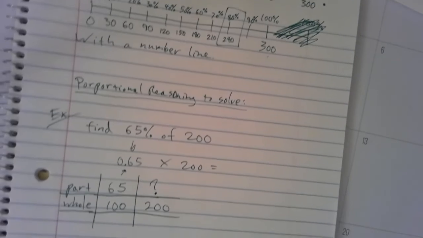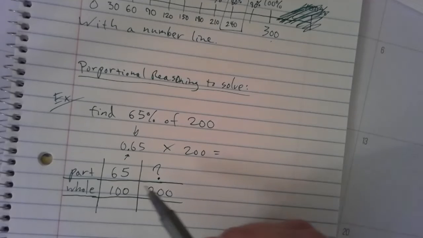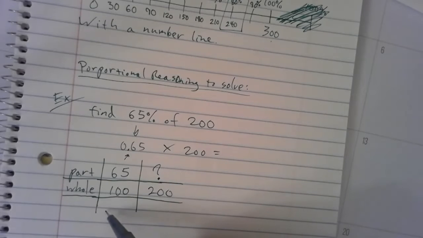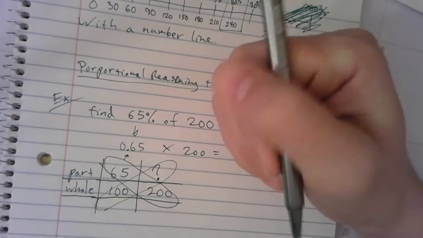The way I figure this out is almost exactly the same way as we figured it out up here. We're just going to change the idea a little bit. It's called cross multiply. I'm going to multiply the 100 times the question mark, and then the 200 times the 65.